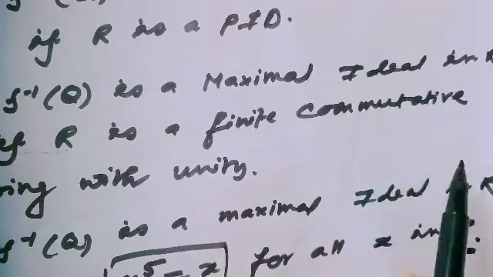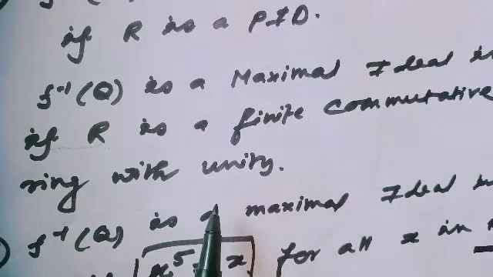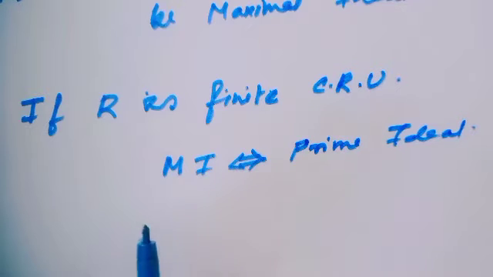And the third option: F inverse Q is a maximal ideal in R if R is a finite commutative ring with unity. There is also a nice theorem. If R is a finite commutative ring with unity, then maximal ideal always implies prime ideal, and this is an if and only if condition. That means prime ideal also implies maximal ideal, and maximal ideal implies prime ideal.